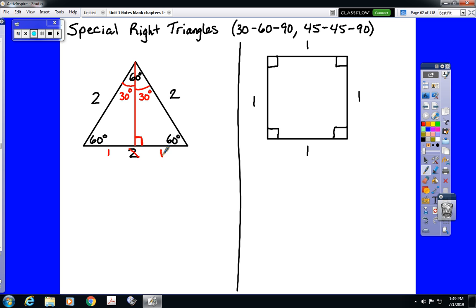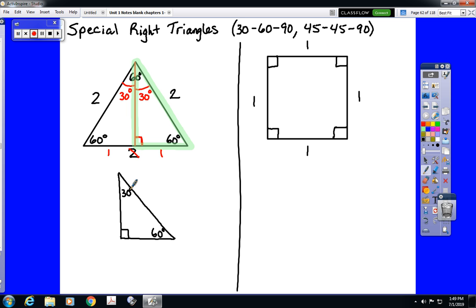In other words, if we only look at half of this new broken up triangle, that is a right triangle that we have called the 30-60-90 triangle. And the reason it is called the 30-60-90 triangle is because those are the angle measures in the triangle: 30 degrees, 60 degrees, and 90 degrees.